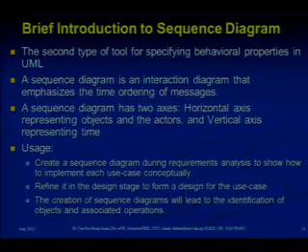We show the implementation of a use case by showing how objects request service from each other, sending messages to request service from each other. So a sequence diagram is an interaction diagram. It has two axes, horizontal and vertical. The horizontal axis represents the objects and the actors. I will show you soon.